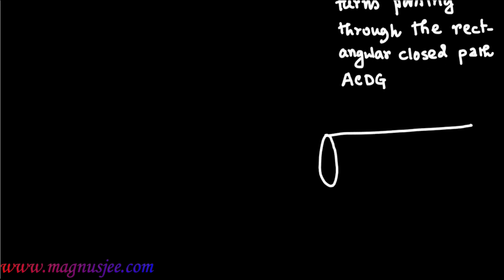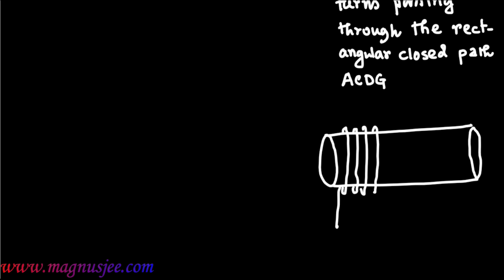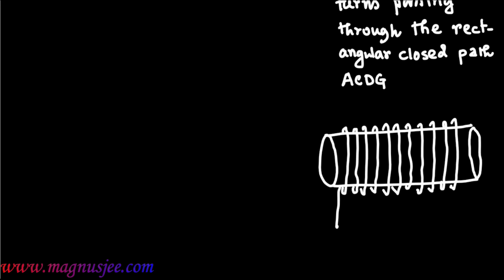Now we can draw the diagram. This is the solenoid. An insulated wire is wound in cylindrical form on this cylindrical core. So I is the current which is flowing through the solenoid, and this is the axis of the solenoid, and we can consider a rectangular closed path.